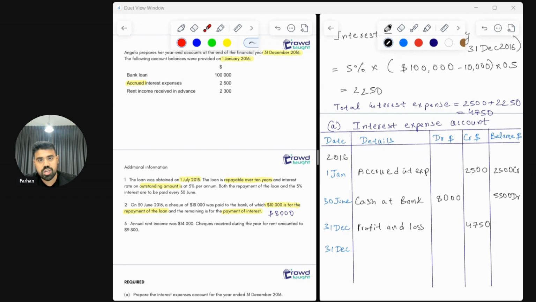And what is the logic? Always remember that all expense and income accounts are temporary in nature, which means at the end of the financial year, both income and expense accounts must have a final balance of 0 before we start the next accounting period.